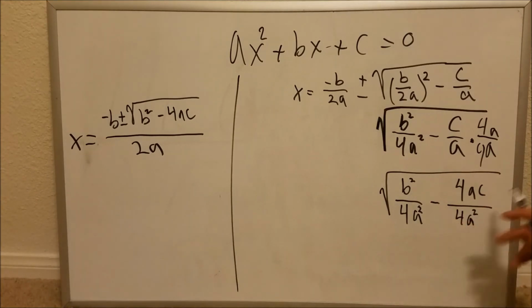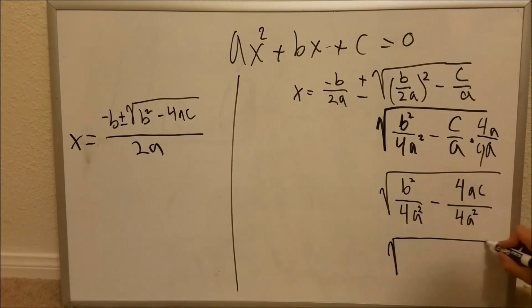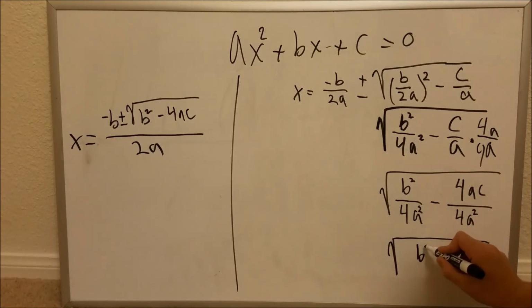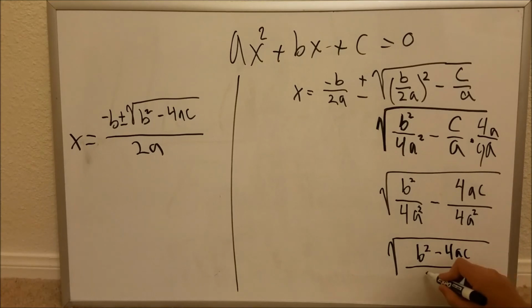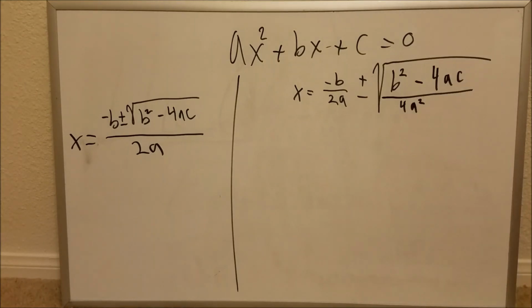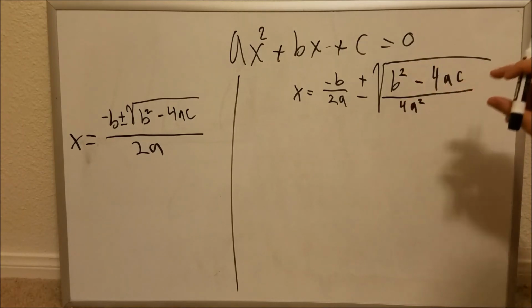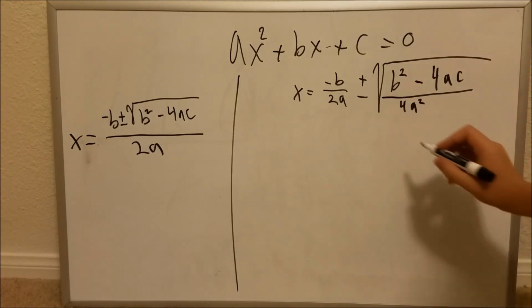Now that we have the same denominator, we can combine the numerators. So now the equation simplifies a little bit. We can go further. We can take the radical and separate it by the numerator and the denominator.